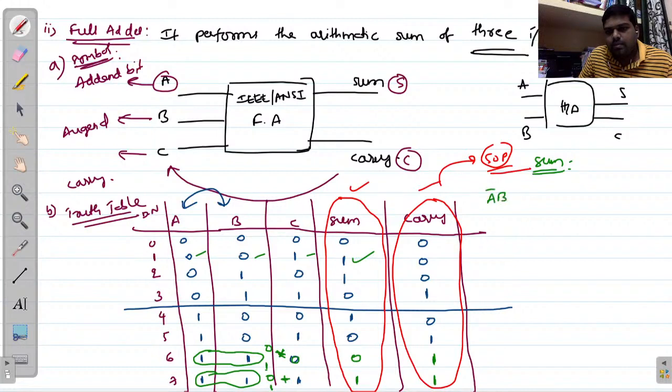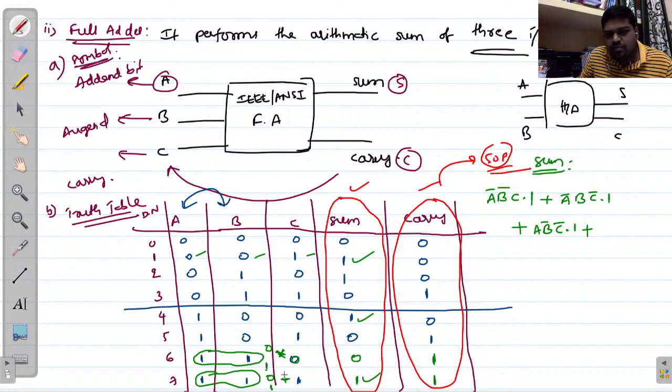A bar, b bar, c into this particular output 1 plus, and the second combination also our output is 1, so a bar, b, c bar into 1 plus, and this fourth combination, the output equals 1. So for this, a, b bar, c bar into 1 plus, and this last one equals 1.